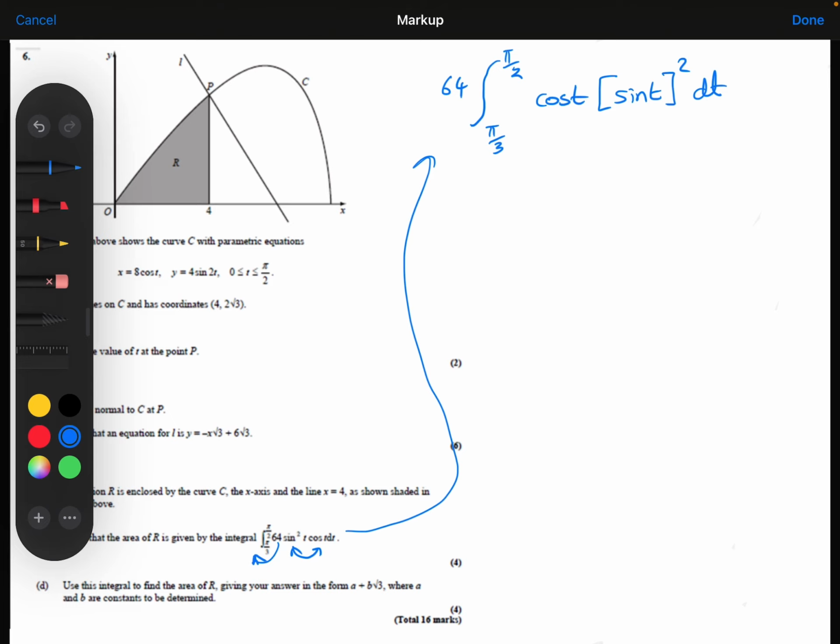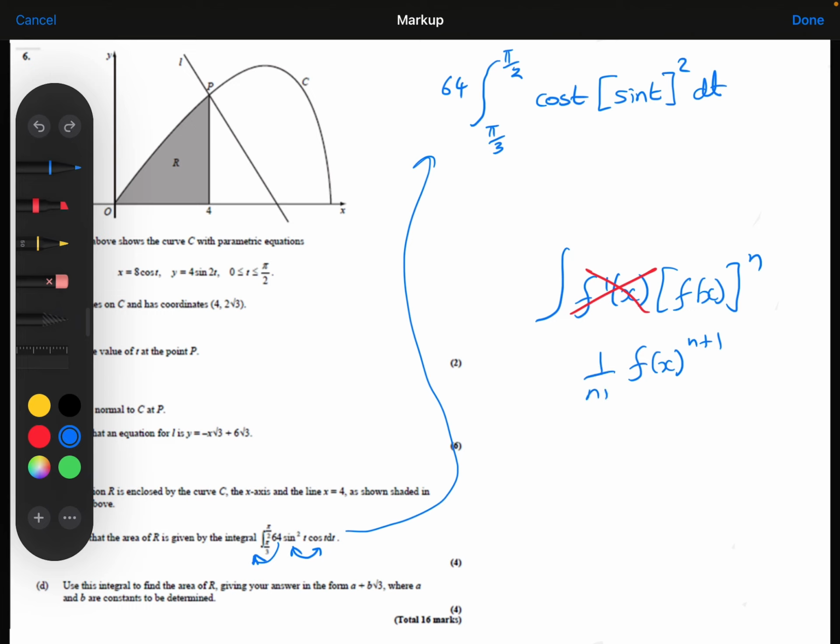The reason I'm doing that is because I can spot a derivative here. Remember, the idea of spotting a derivative is when you have the derivative of a function where the function is inside a power and you need to integrate it, then that's really useful because you can ignore the derivative completely and then add 1 to the power and divide by the new power.